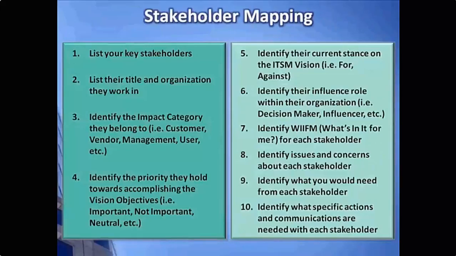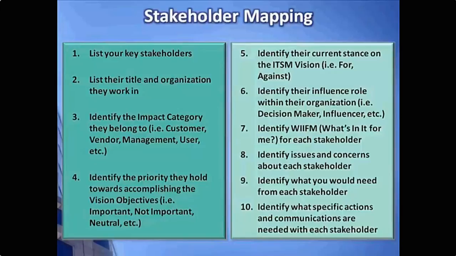So stakeholder mapping, again, this is just a little bit more of the chart here, but these are typical steps for what you might do very early on and probably keep doing as your program keeps evolving and stakeholders come in and out. You can list your key stakeholders, their title, their organization. Are they a customer, a vendor, a contractor, IT person, non-IT, etc. Get a reading on how important they feel this vision is going to be in terms of the program that you're about to embark on.